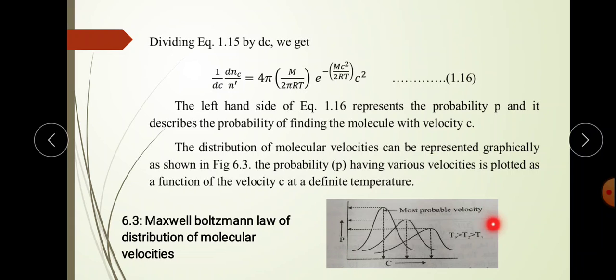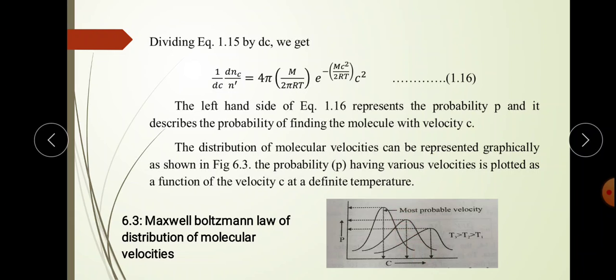In this graph P versus c is plotted, where P is the probability and c is the velocity, and three different temperatures are mentioned: T3, T2 and T1. As compared to T1, temperature T2 is higher, and T3 is the highest temperature as compared to T1 and T2. According to the Maxwell-Boltzmann law of distribution of molecular velocity, such a graph is observed.